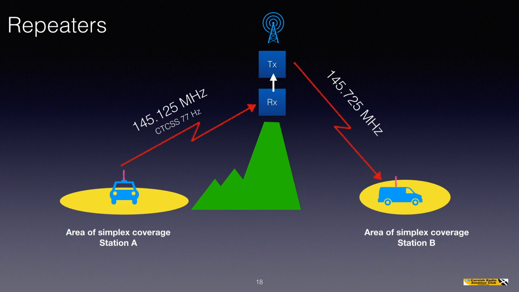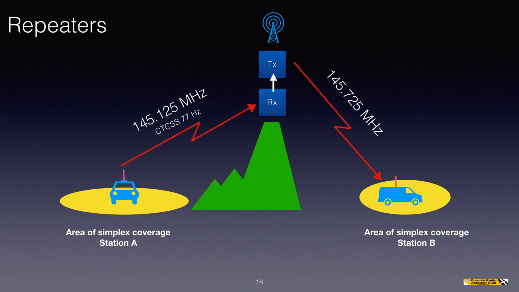So this tone is a way of telling the repeater to unsquelch and to trigger the transmitter to retransmit your signal. It's a sort of insurance policy in case any noise is around and it stops the repeater arbitrarily keying up and sending out a signal unnecessarily. Belts and braces, if you like.